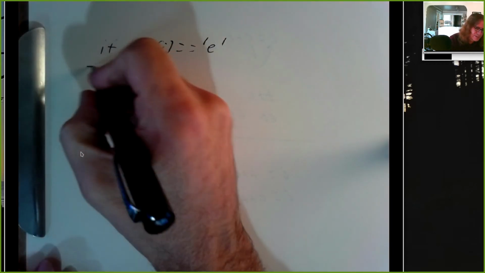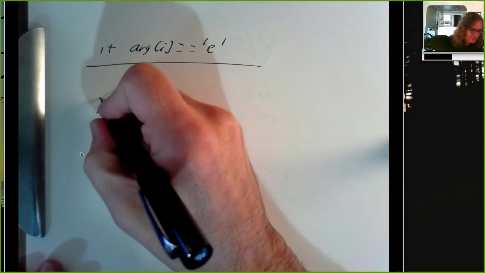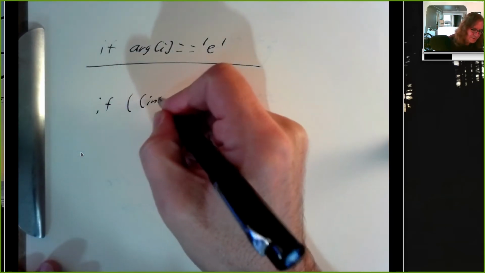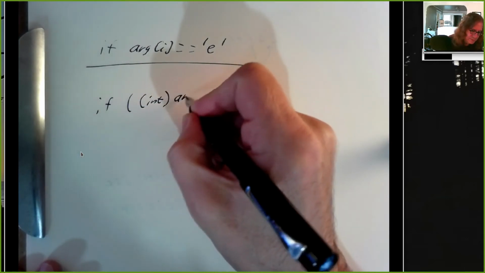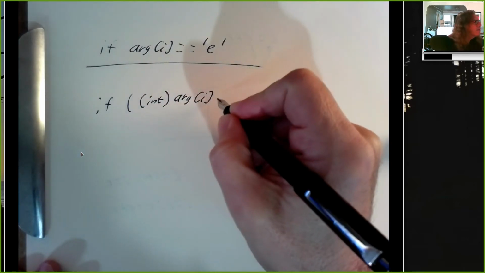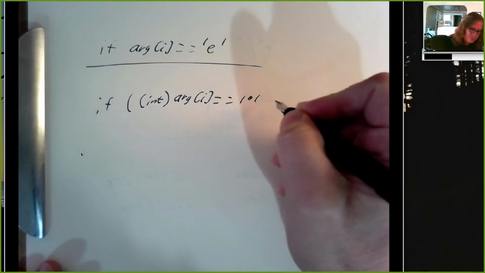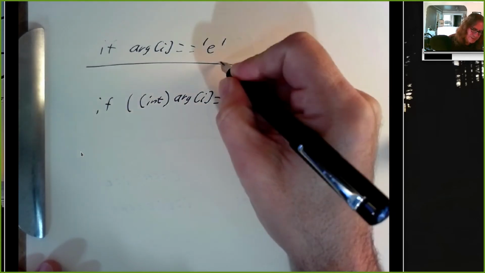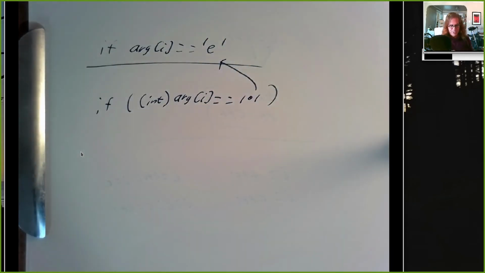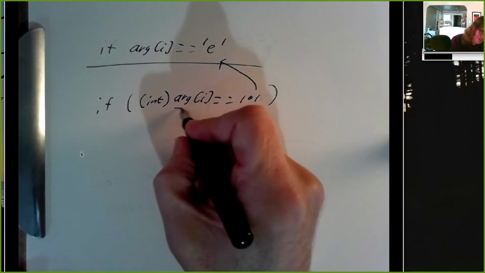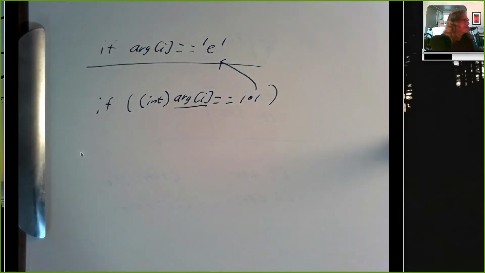But then this other thing that was written in chat, if integer arg bracket I equals 101, where presumably this is the ASCII code for an E. You can probably get away with that, but it would make me a little nervous, because casting from this to an integer, there may be a standard for that.